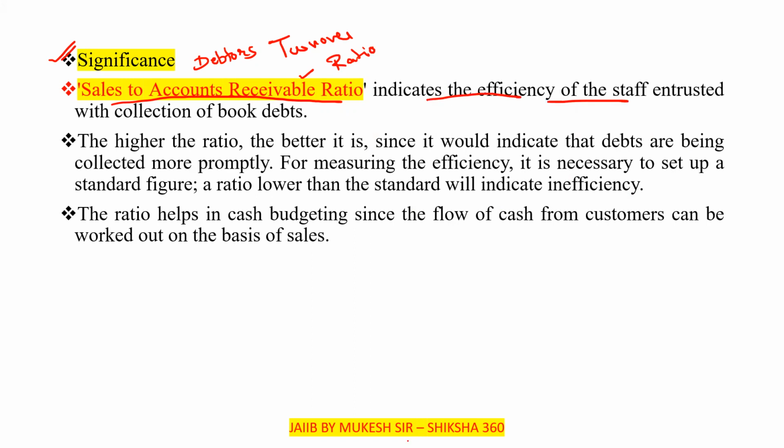It indicates the efficiency of the staff entrusted with the collection of book debts. Book debts are the money which we have to receive from the market. So it indicates the efficiency of the staff entrusted with the collection of the book debts. The higher the ratio, the better it is.